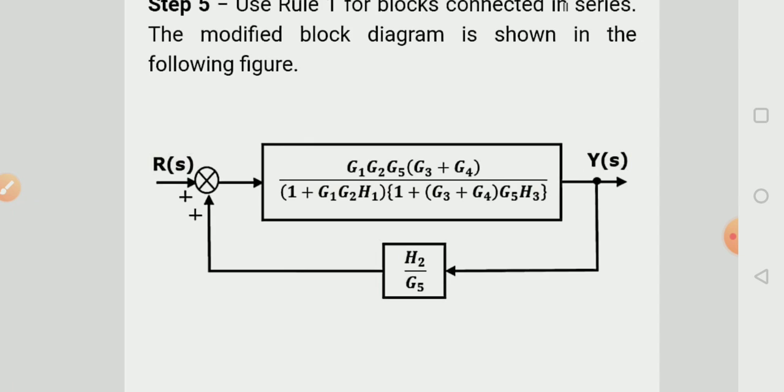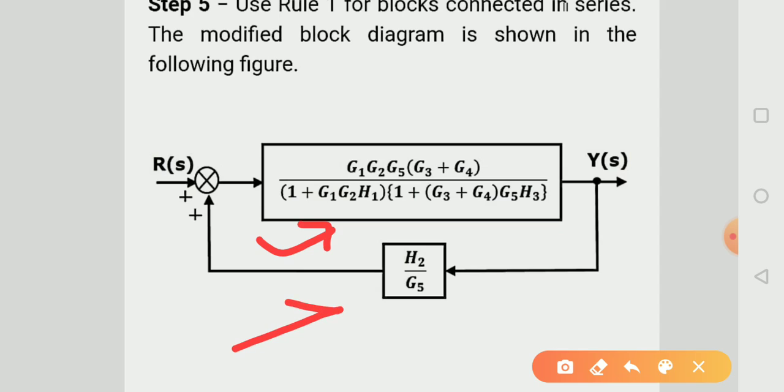We can see here the gain for the next block is G1 G2 into G5 into G3 plus G4 upon 1 plus G1 G2 H1 and 1 plus G3 plus G4 into G5 into H3. And here the feedback path gain is H2 over G5.